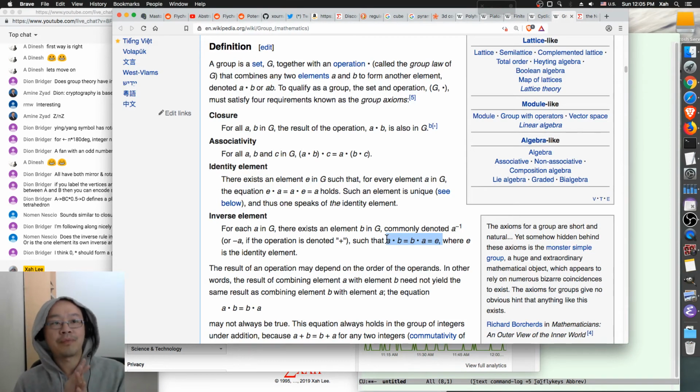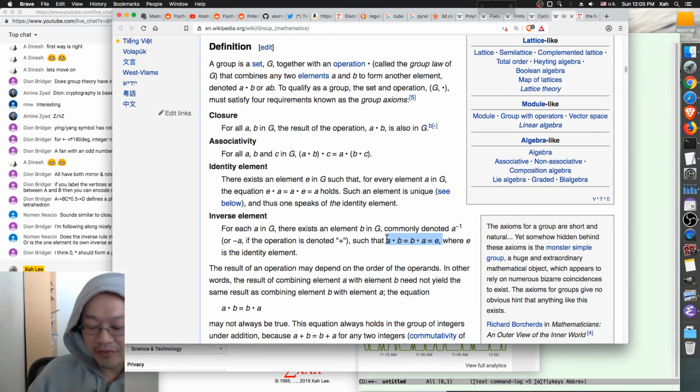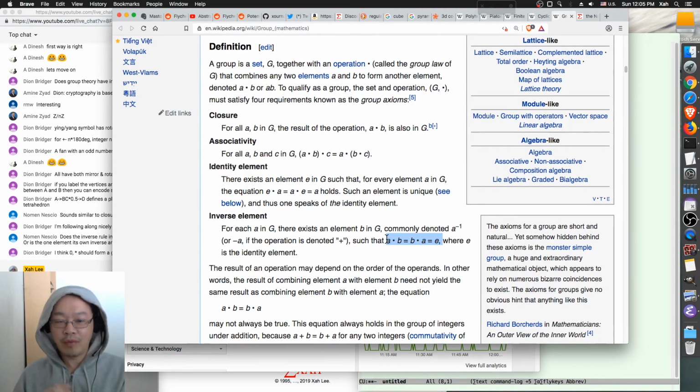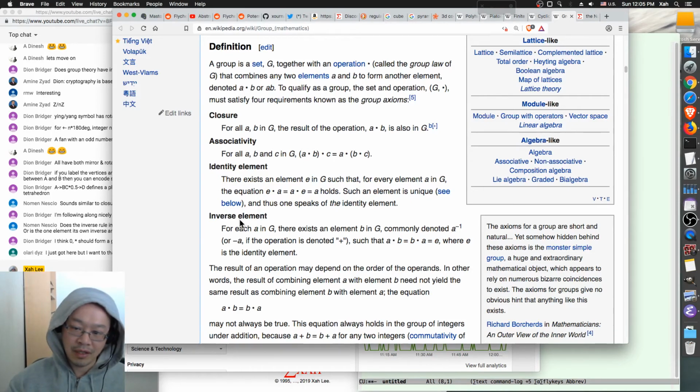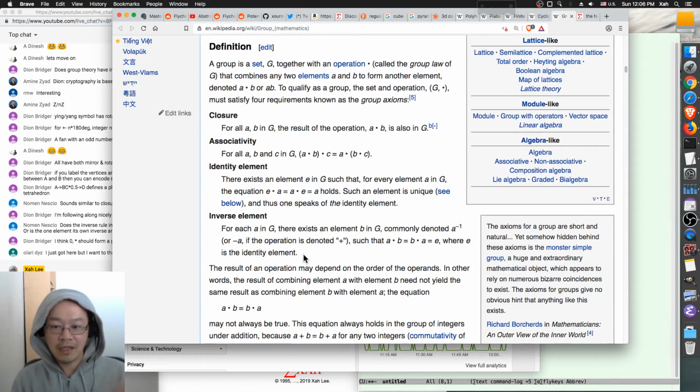For example, 5 multiplied by 1 over 5 equals 1, and 1 is the identity element for multiplication. Same thing for 6 multiplied by 1 over 6 equals 1. Same thing here with groups. If you have an operation that satisfies these four things, then what you have is a group. Remember, a group is a set and a binary operation defined on the elements in the set.